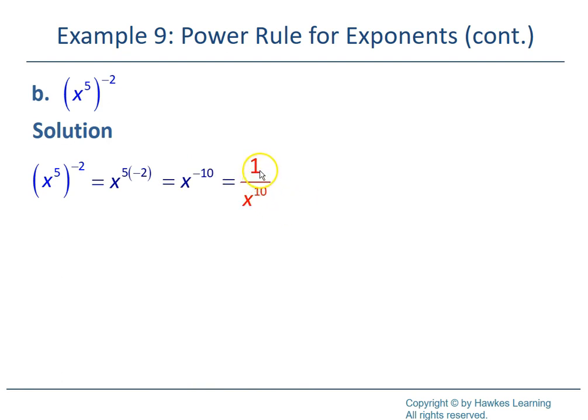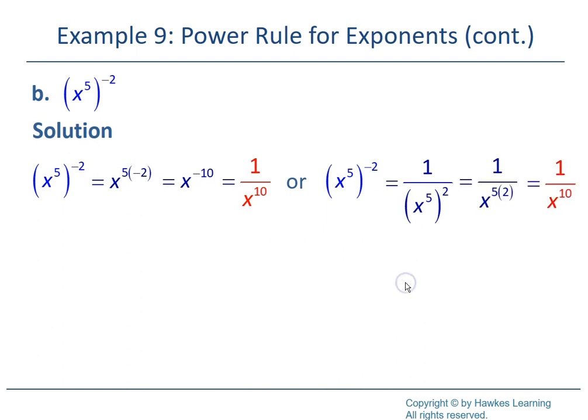So it becomes 1 over x to the 10th. This is another way to do it, but I would suggest you do it the first way. Comes out the same.